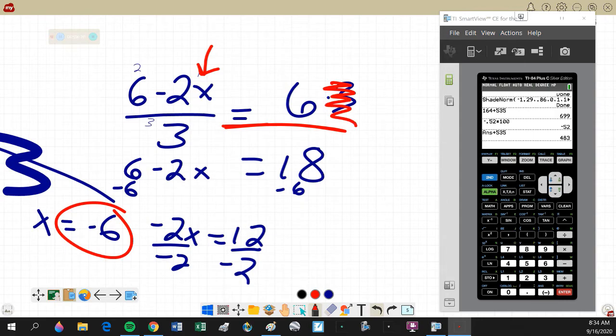So let's try it. So 6 minus 2 times negative 6, over 3. Negative 2 times negative 6 is 12. 6 minus positive 12, sorry, 6 plus 12 is 18, and 18 divided by 3 is 6. That's the only number that works.